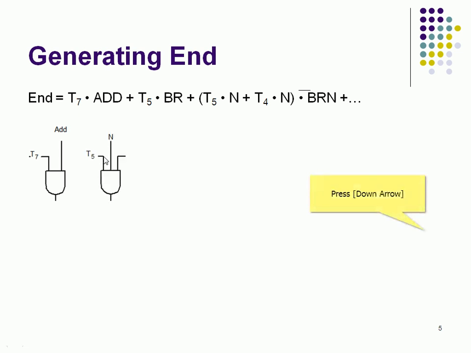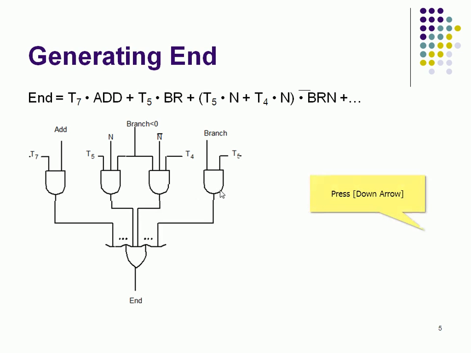Similarly T5 and no flag will be ANDed here. Similarly we have T4 and N, and that is multiplied with the branch, right? That is augmented here into the AND gate. So T5 and branch is augmented here. Completely all of these need to be ORed, then we are able to get the END signal.